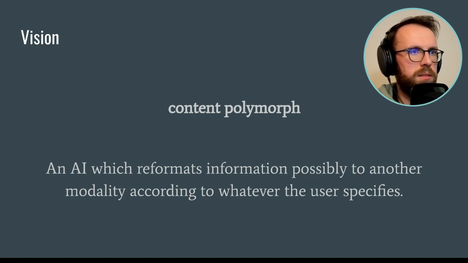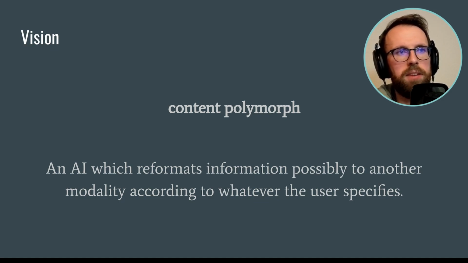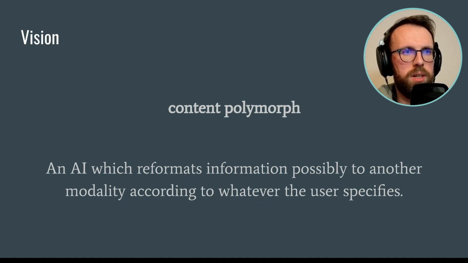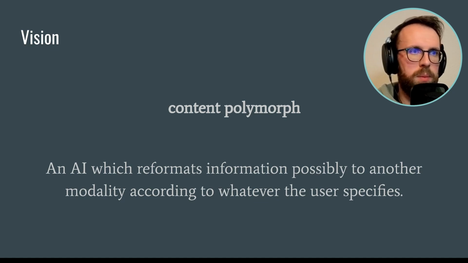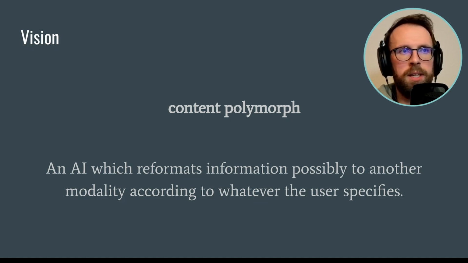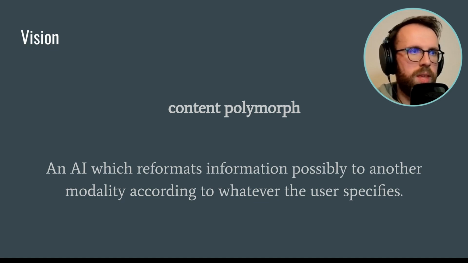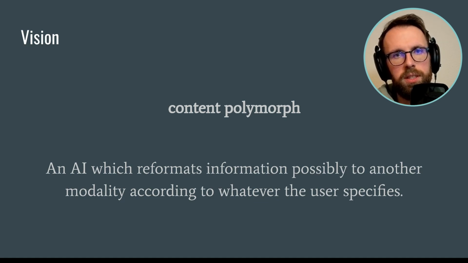So if you get a PDF report which is 100 pages long, you should have possibilities with the tool to convert it to a different format, and then maybe consume the most important points in a 10-minute podcast, or summarize it in a shorter form, in bullet points. And yeah, content polymorph means you have content in one form and you transform it into another one.